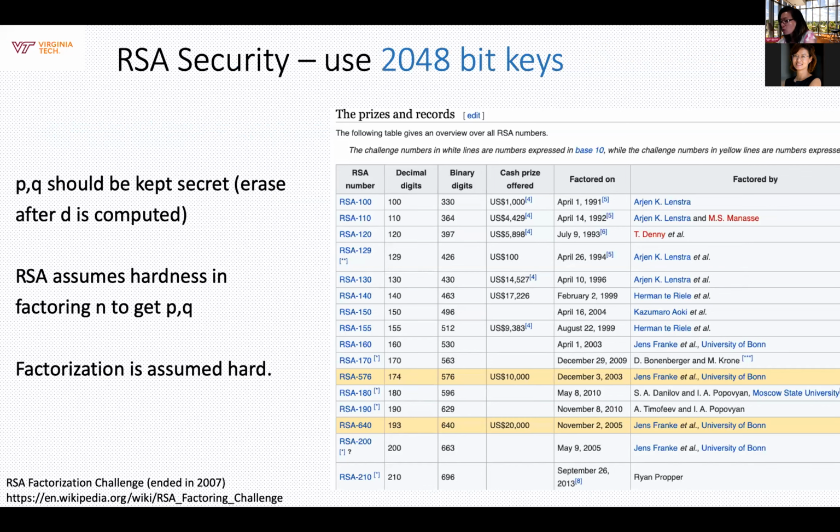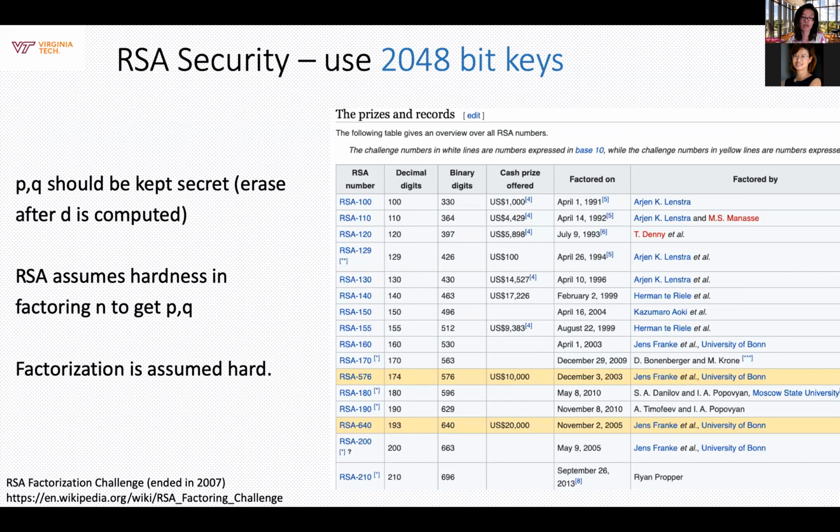And we know 2048 bit is the shortest secure key length, and you should also do 4096 bit long keys to get stronger security.